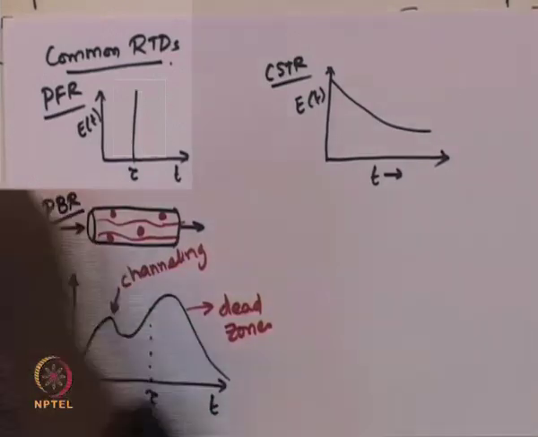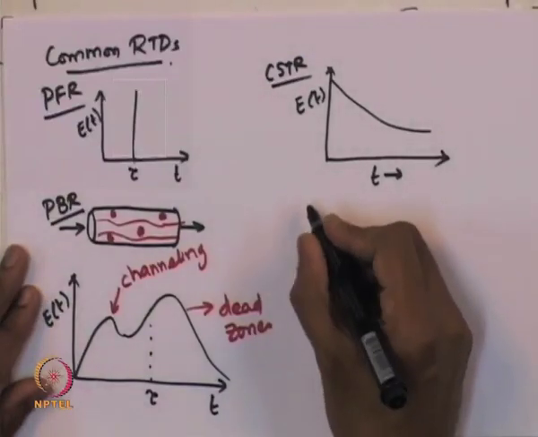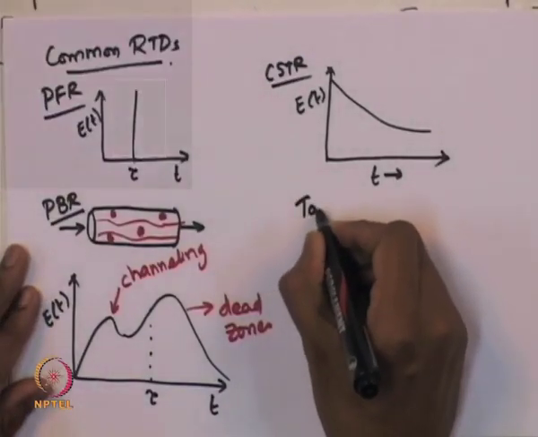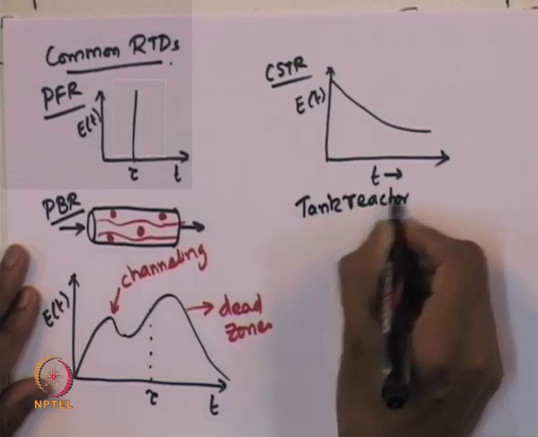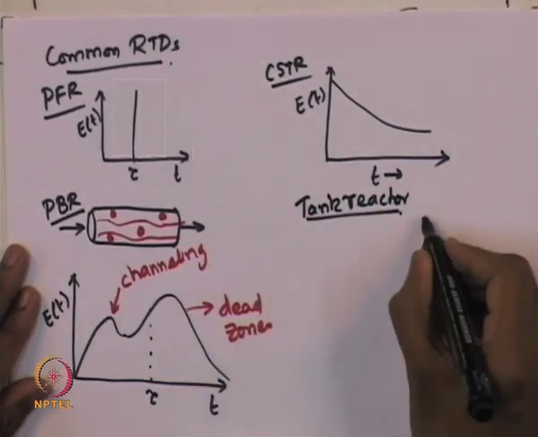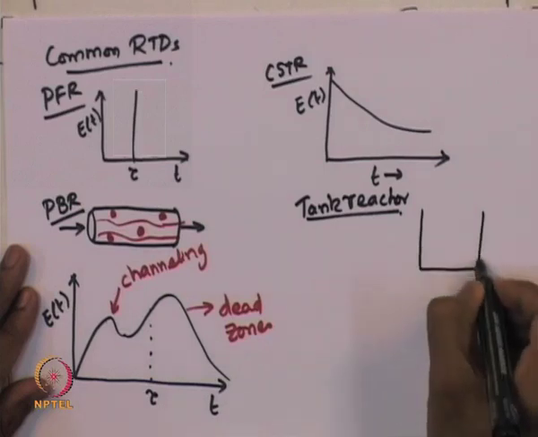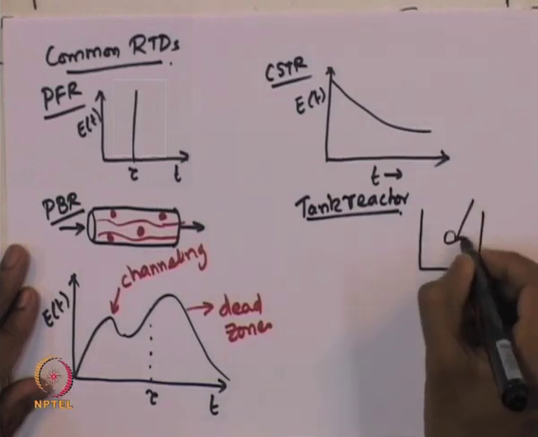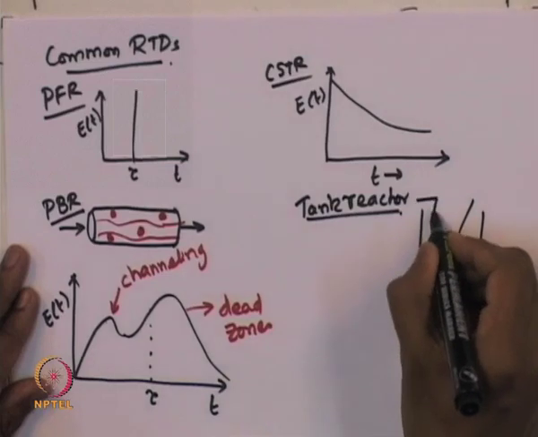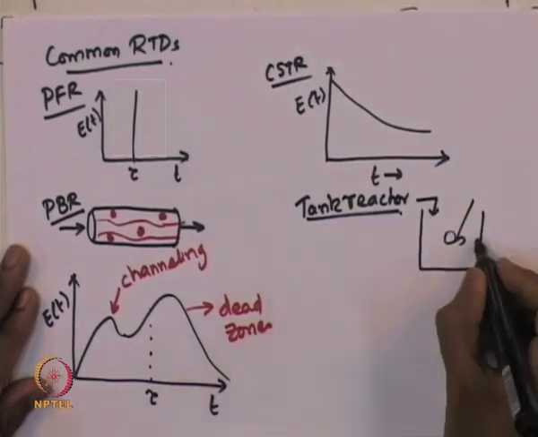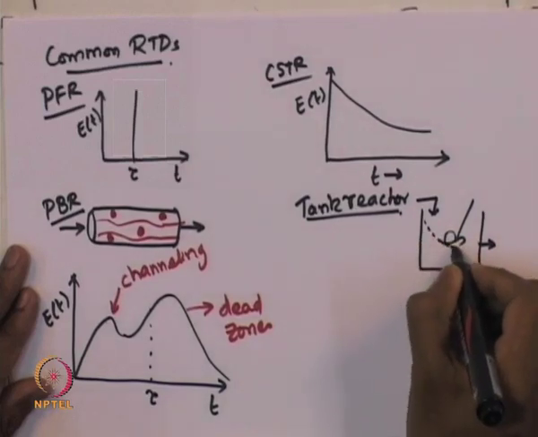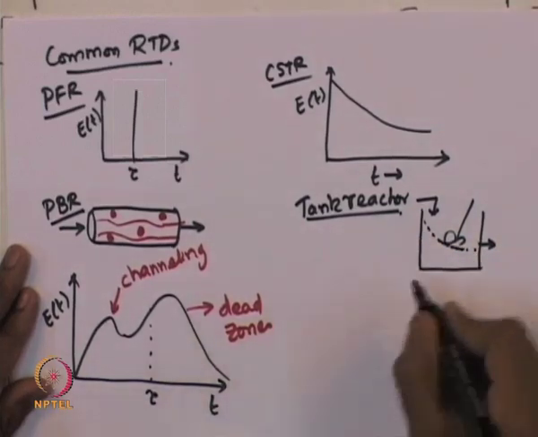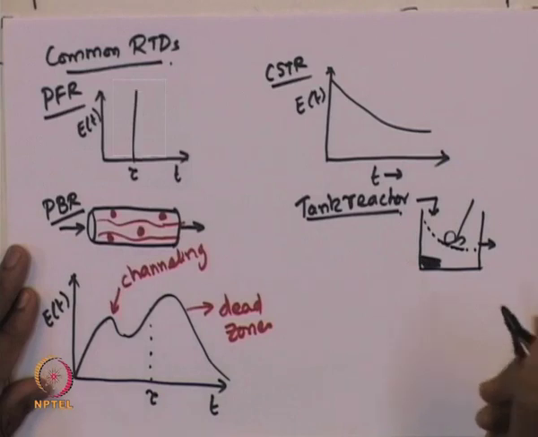So, another commonly observed RTD function is that of a stirred tank reactor. Suppose we have a tank and it is well stirred, and let us say this is the inlet to the tank and this is the outlet from the tank, and then maybe there is bypassing through this tank, and maybe there are some dead zones present here.